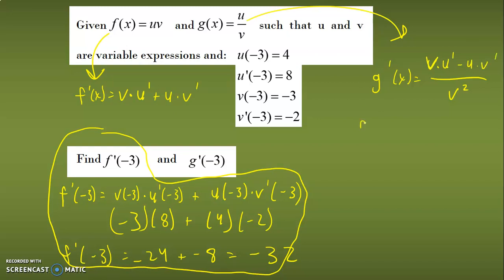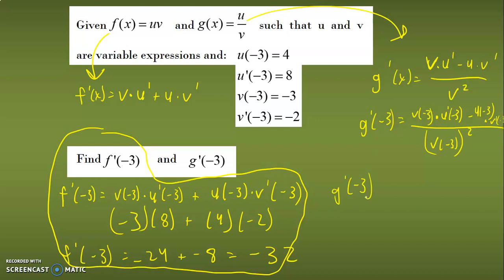Now I want g prime of negative 3. So now I need to put in all the values. On the bottom it's going to be v of negative 3, that whole thing squared. On top, v of negative 3 times u prime of negative 3 minus u of negative 3 times v prime of negative 3.